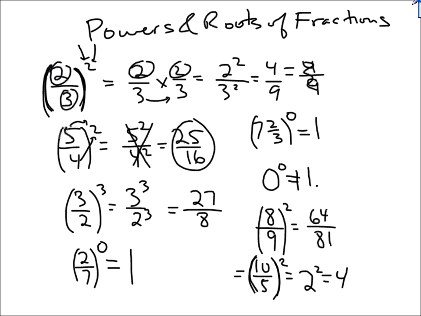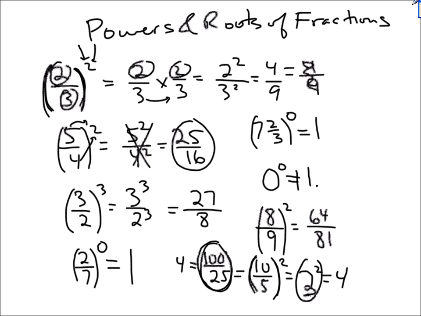You could, if you like, say 10 squared is 100, 5 squared is 25, and 100 divided by 25 is 4. But you're dealing with hundreds and 25s. I'm dealing with 2. I definitely know what 2 times 2 is a lot faster than I know what 100 divided by 25 is.